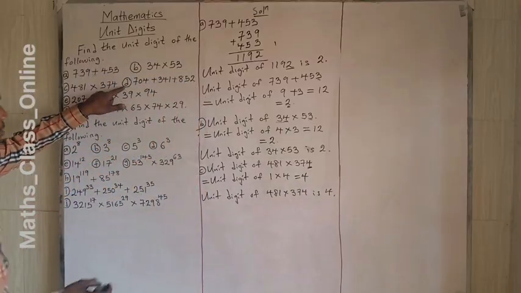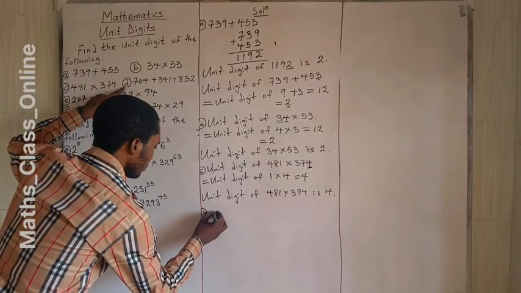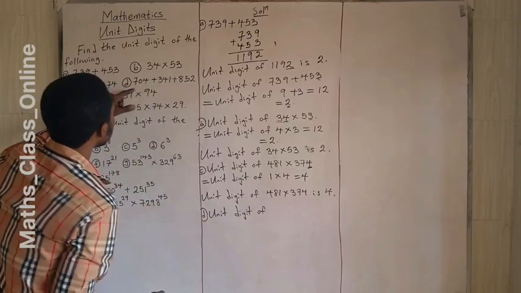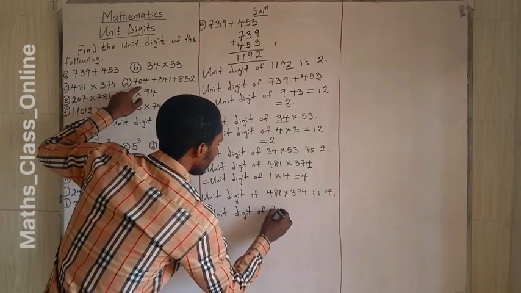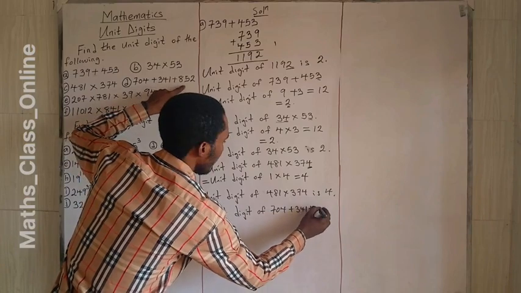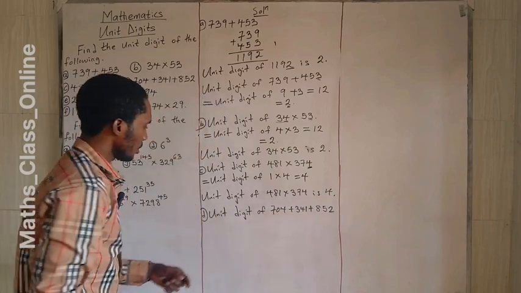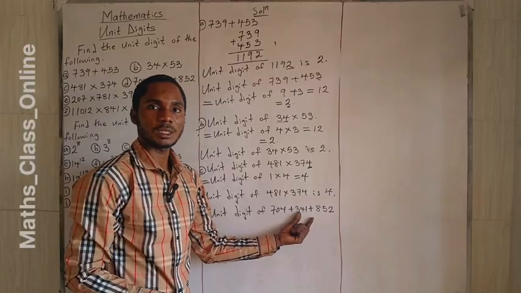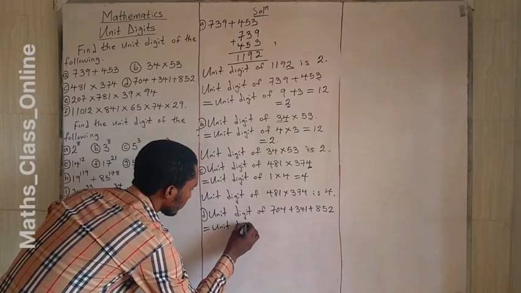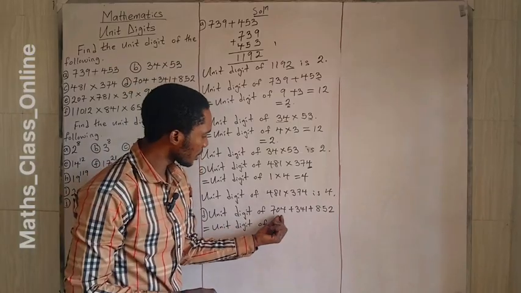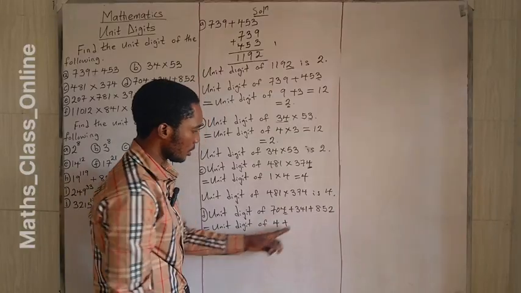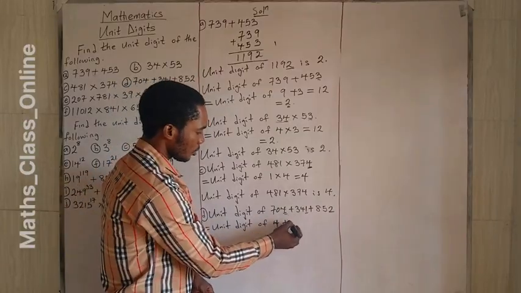What we have next is the unit digit of 704 plus 341 plus 852. The unit digit of the sum of these three numbers is the same as the unit digit of, what is the unit digit of 704? That is 4. Plus unit digit of 341, that is 1.